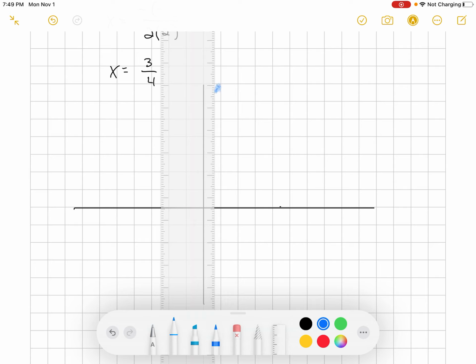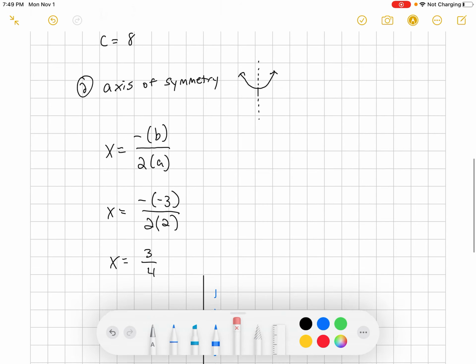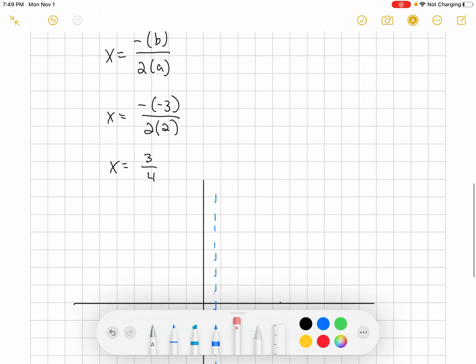Okay, here's my axis of symmetry. This is cutting my parabola right in half. We know it's going to open up, and we know our axis of symmetry.